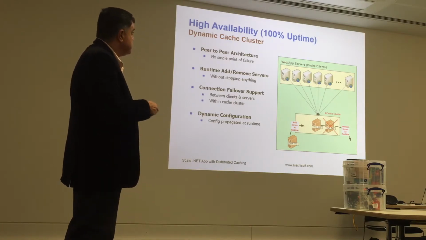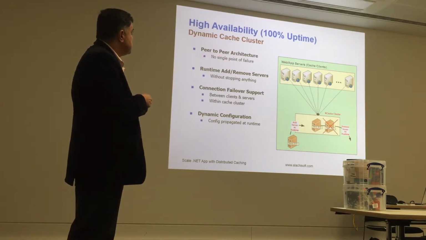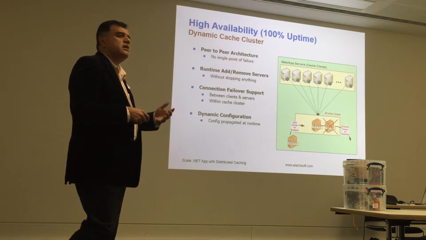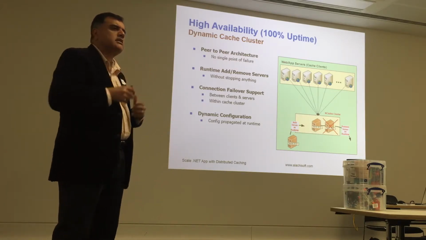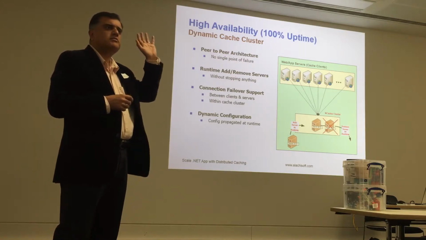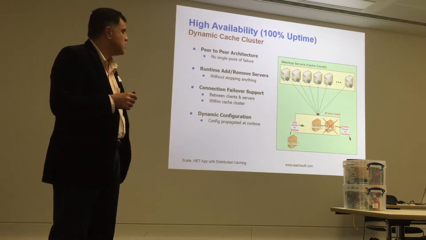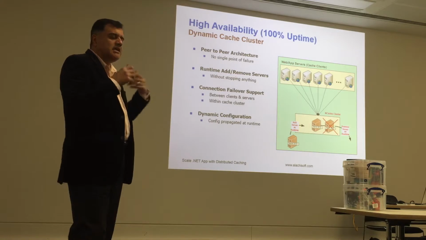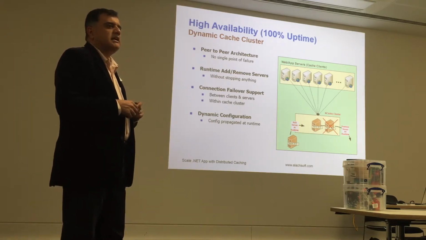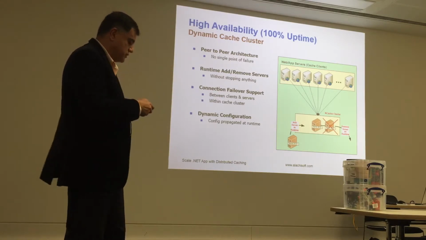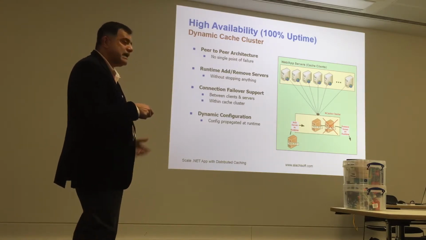In case of NCache, we use peer-to-peer architecture. We actually took JGroups, which is a Java-based clustering library. Has anybody heard of JGroups? Long time ago, we converted it from Java into .NET back in the 2004-5 time frame, and that's what we have used for our clustering.